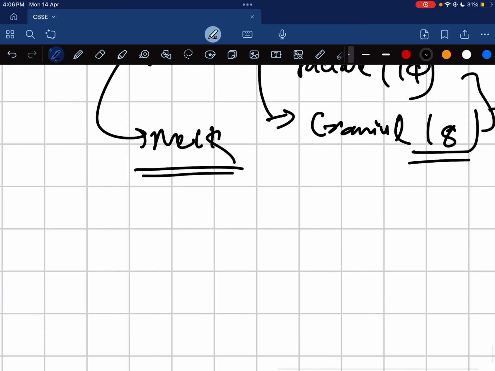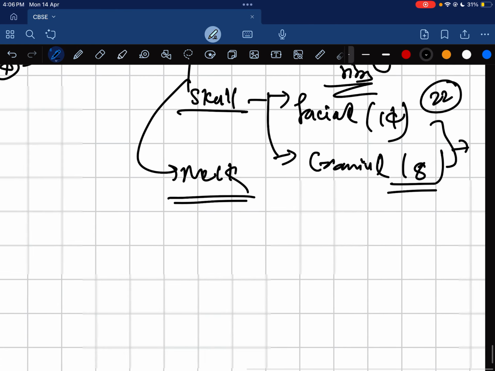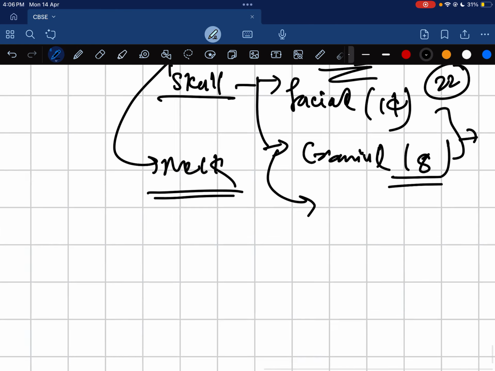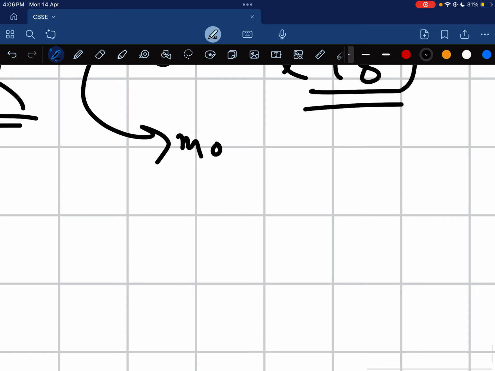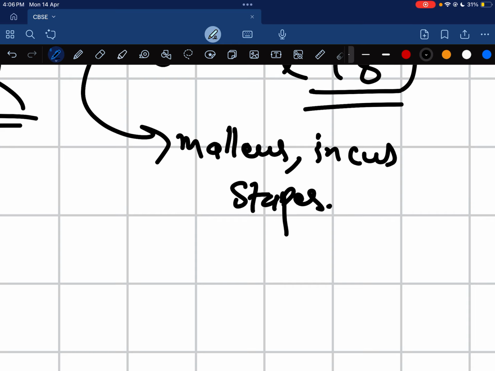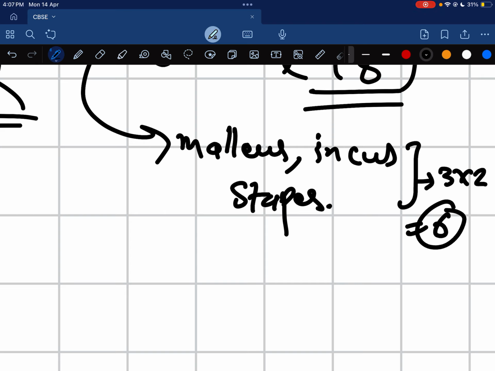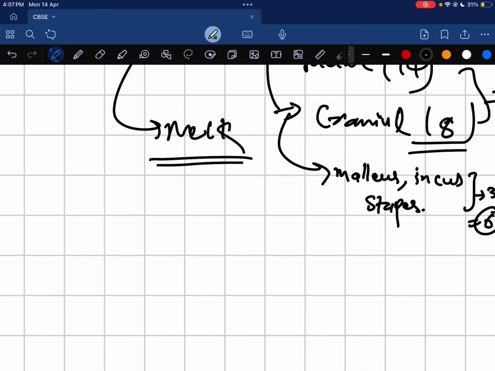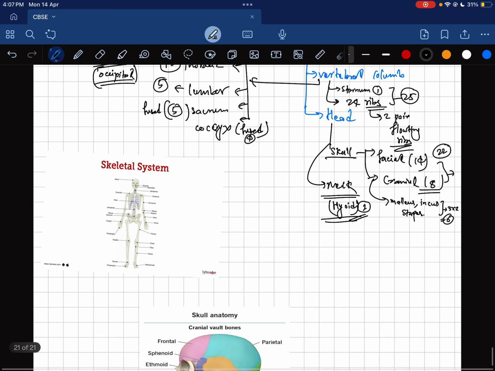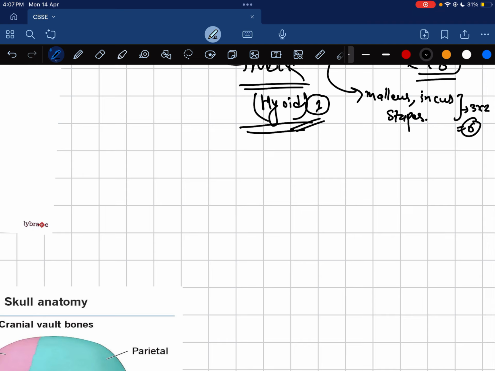Then there is the neck region. In the ear there are bones called malleus, incus and stapes. In 2 ears there are 3 into 2, 6 in total. Then in the neck there is the hyoid bone, 1 in number, so we can calculate all the bones, it reaches 206.